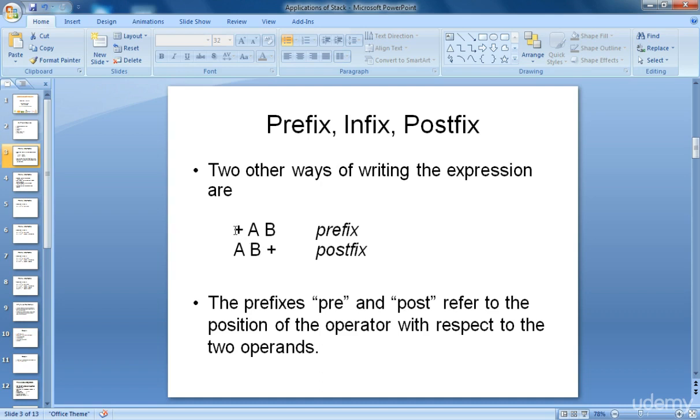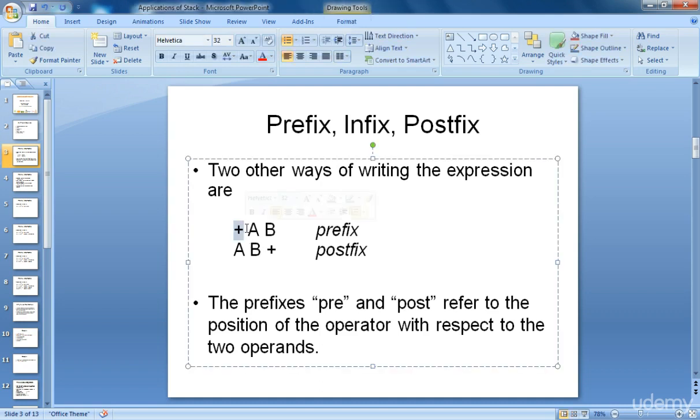In prefix, we place the operator on the left hand side, and in postfix expression, we take the operator to the right hand side. So these are two operands and this is an operator, right? So the pre and post refer to the position of the operator with respect to the two operands.